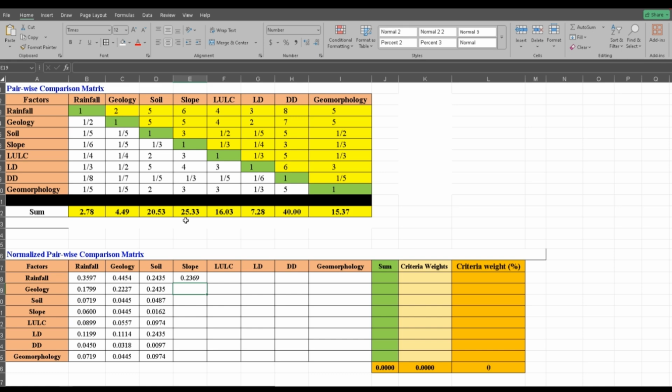This is equal to 0.2369. For land use land cover, in the same way, the cell value is equal to F3 divided by 16.03 or F12.